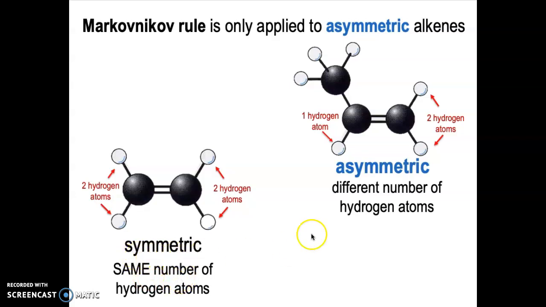When you've got an alkene, and you look at the left carbon and it's got 1 hydrogen, and the right carbon has got a different number, in this instance 2, when the number of hydrogens is different, that is when we call it asymmetric.